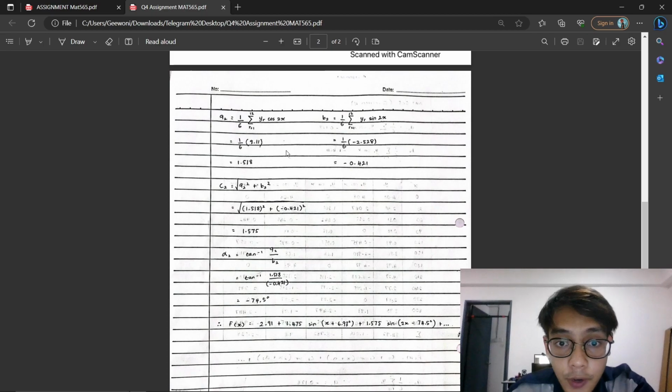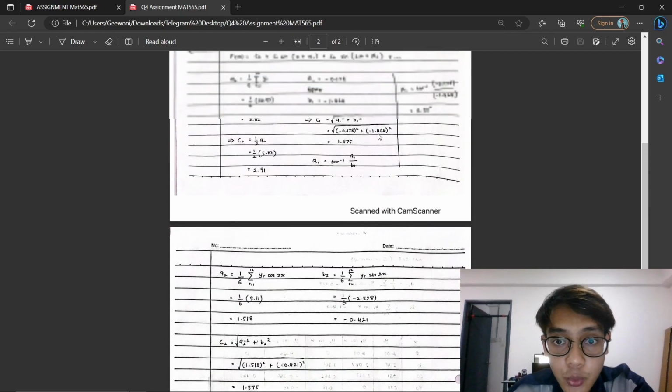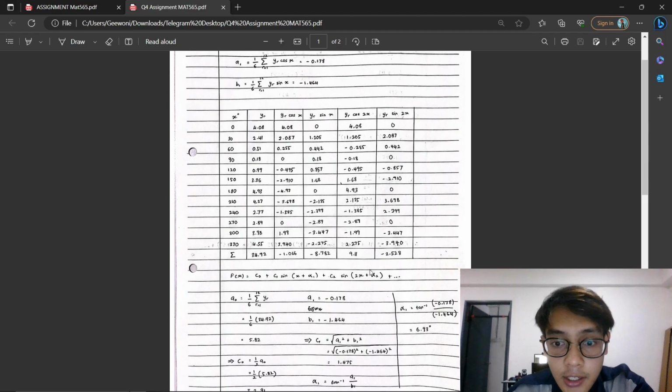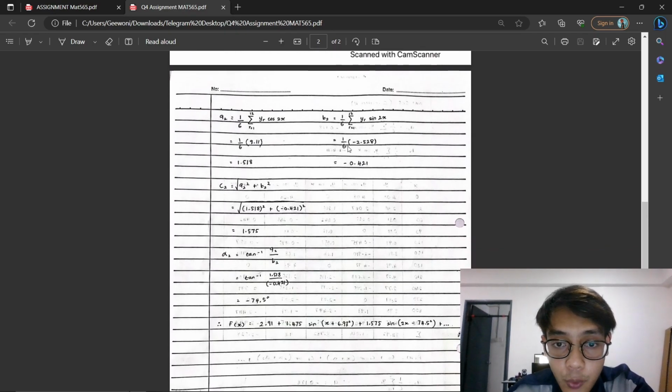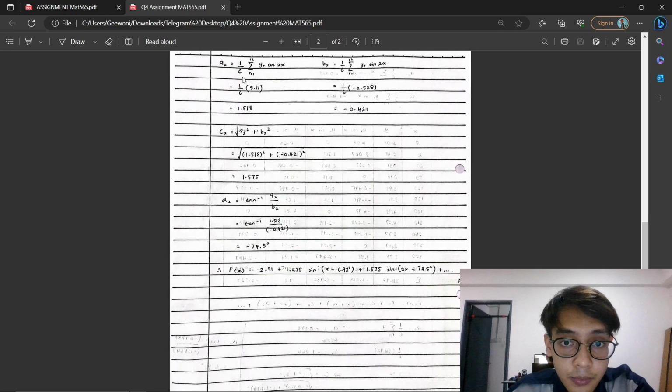And then we need to find b2. For b2 it is 1 over 6 times the sum of y_r sin 2x. For y_r sin 2x, we have the total of negative 2.528. We just multiply it with 1 over 6, and then we get the answer negative 0.421. After we have found A2 and B2, we can calculate C2.